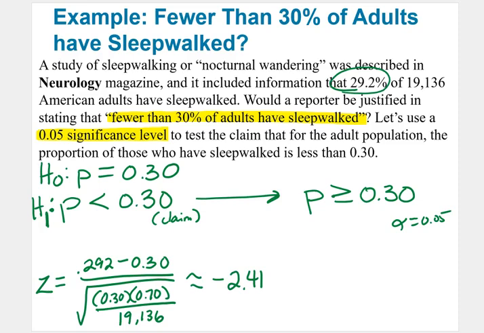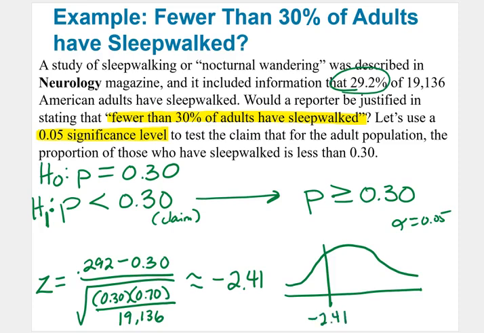All right, so we're going to do this both ways. We're going to do this with the p-value, and we're also going to do it using the critical values because I want to see both ways. So if I'm doing the p-value, this is one-tailed, right? This is going to be a p is less than, so it's a left tail. Here is our test value, negative 2.41.